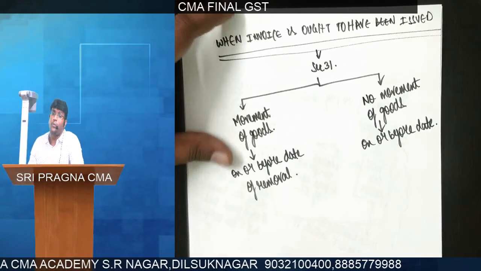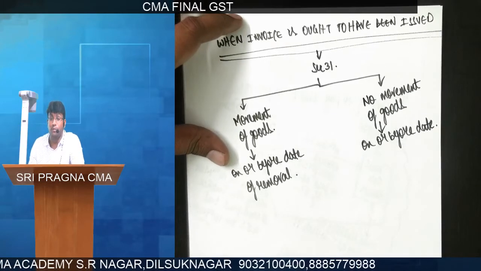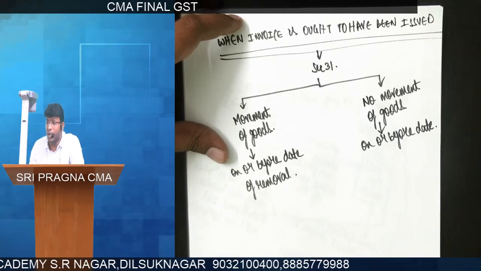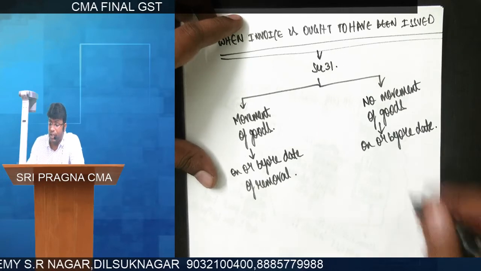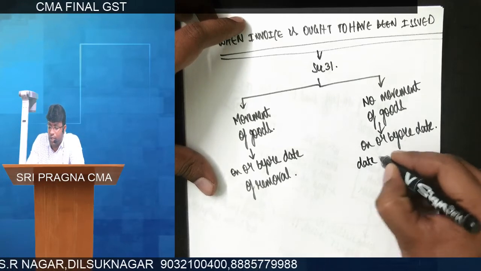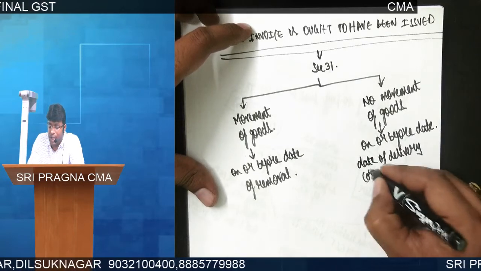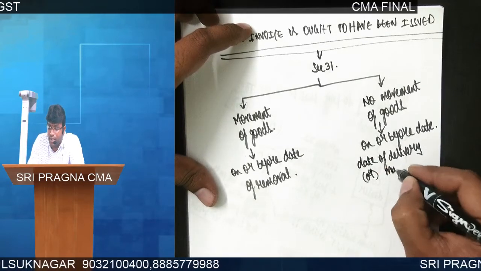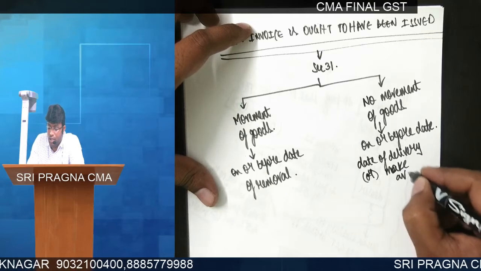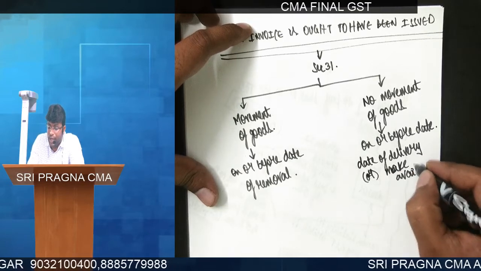You are going there and occupying the furniture without any physical movement. Then on or before date of delivery, or they also call it make available, that goods are made available to you.